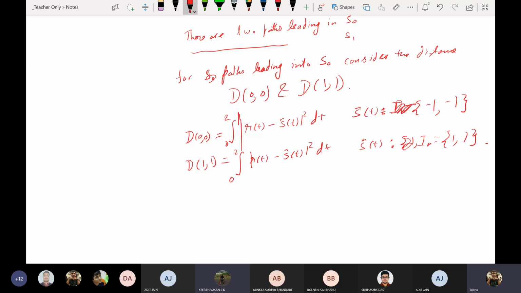R of t and S of t are waveforms. You can reduce it to baseband equivalents and match filter coefficients as well without any problems. You can reduce it to summation as well. Then fine, sir. Yeah, it's just that integration and summation are interchangeable. We have discussed that a lot.